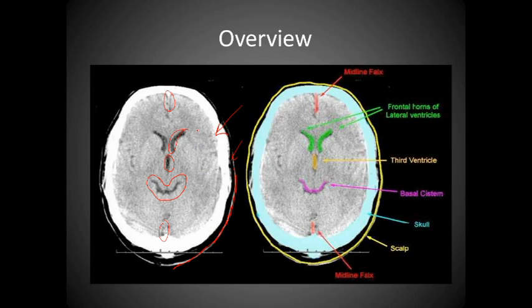The reason that we go over the frontal horns of the lateral ventricle is because it will become very apparent when you have something like a brain tumor where it causes a shift in the brain, or it causes compression of these ventricles. And so it becomes essential that we know what a normal ventricle looks like.